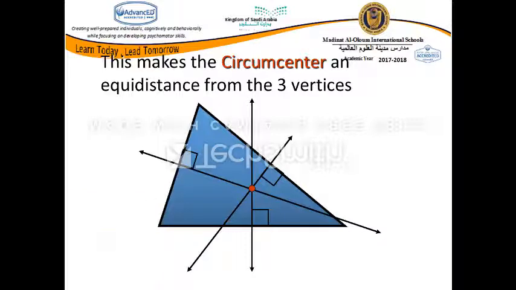For example, from this point, the circumcenter, to the vertex, this distance is the same as this distance, and also the same as this distance. Then the circumcenter is equidistant from the three vertices, so this one equals this one equals this one.